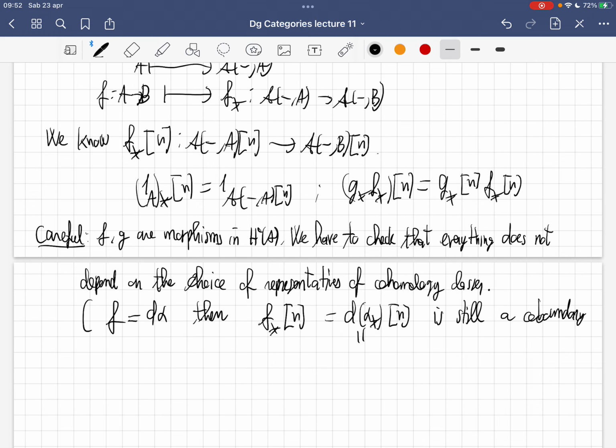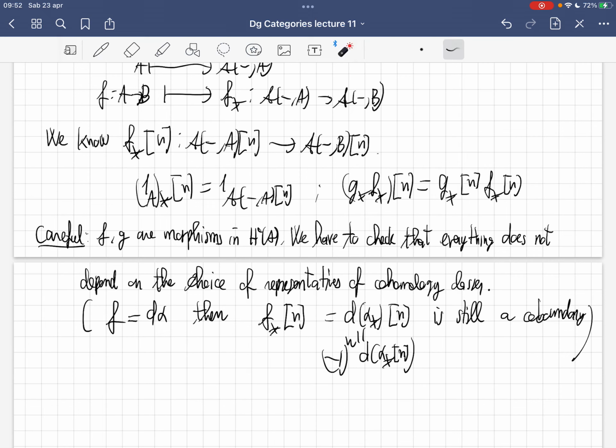But I think there's going to be some signs here, but this should be d. So in the end, it will work. You have to check this, but as said, in the end, it will be okay.